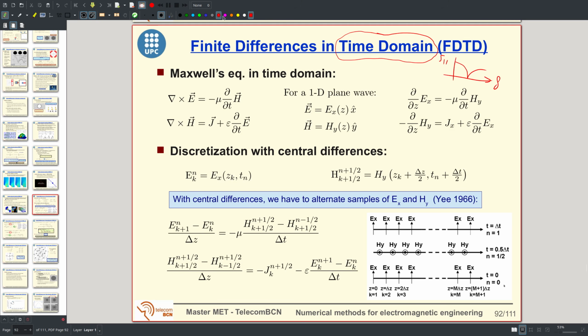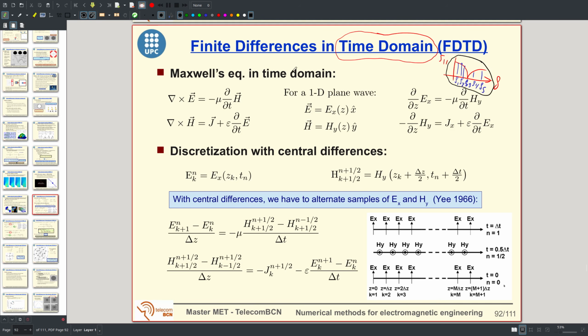If you use a frequency domain method, you must repeat the calculation at many frequency samples, maybe 100 frequencies, and this is very time consuming. However, if you solve it in time domain, it may cost more. It can be more expensive than obtaining the frequency domain solution for a single frequency, but on the other hand, after a Fourier transform, you get the solution for the whole frequency band.